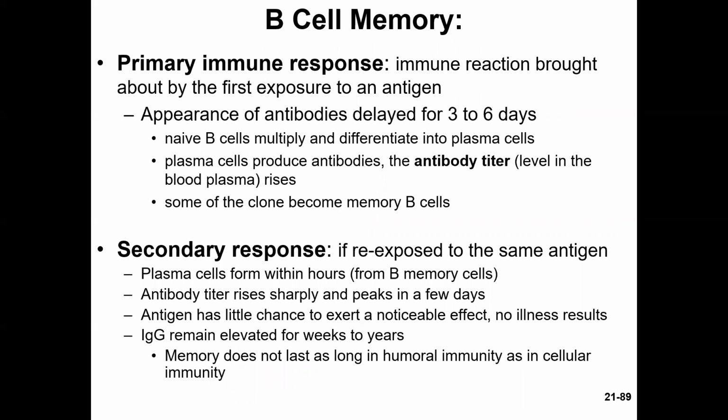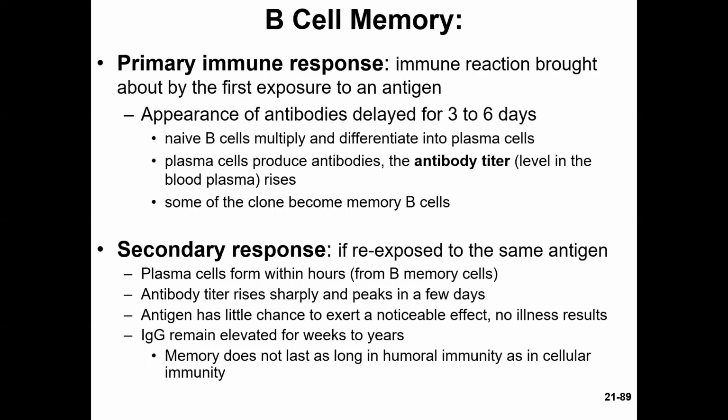In B cell memory, we have the primary immune response, the immune reaction brought about by the first exposure to the antigen. The appearance of antibodies is delayed for 3 to 6 days. Naive B cells multiply and differentiate into plasma cells. The plasma cells produce antibodies. The antibody titer, the level in the blood plasma, will rise. Some of the clones become memory B cells.